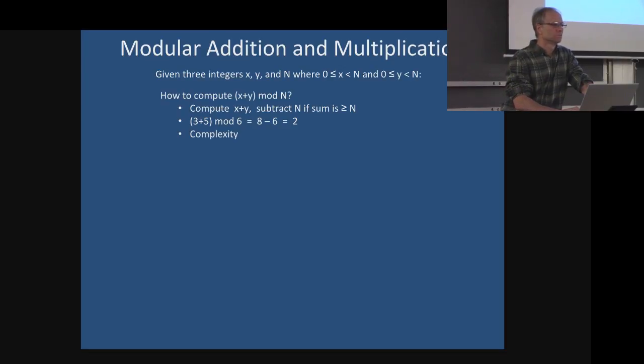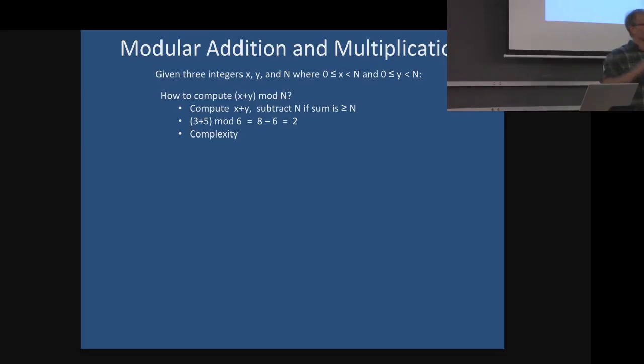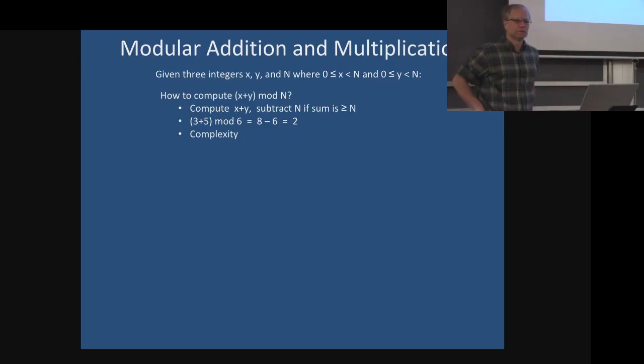It should be close to constant time because we bounded the size of the inputs to n. Unless n is large, is it? Capital N, what we're assuming here is that capital N has little n bits. So log of capital N is little n. So in terms of little n, the number of bits in the modulus, what's the complexity of a modular addition?